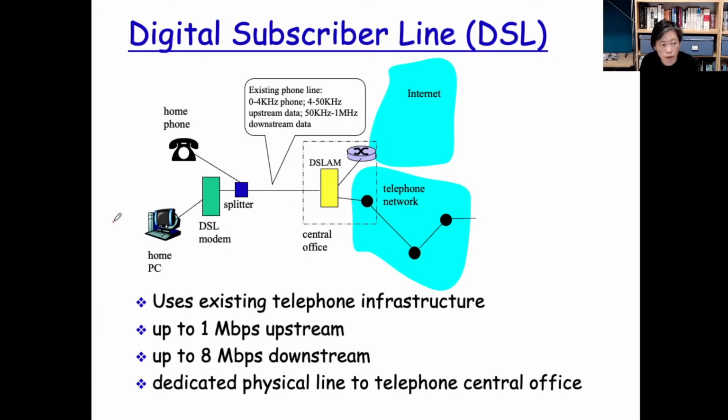And the way it works is this. Let's assume we're sending an email to a friend. That email is going to reach the DSL modem first. DSL is the name of the technology. Modem here is actually modulator and demodulator, the first few letters combined.